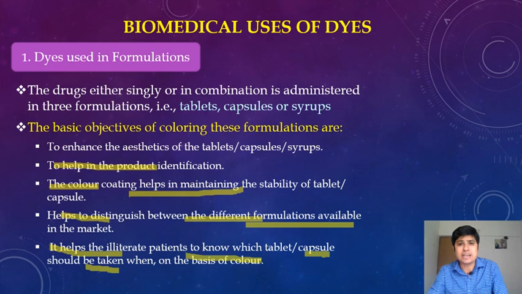Suppose an illiterate patient has to take tablets. The doctor tells him, this green tablet you have to take in the afternoon, this red tablet in the evening or at night, and this white tablet at the time of breakfast. By looking at the color, that illiterate person can take the given tablet. So these are the main objectives of this coloring of formulations.